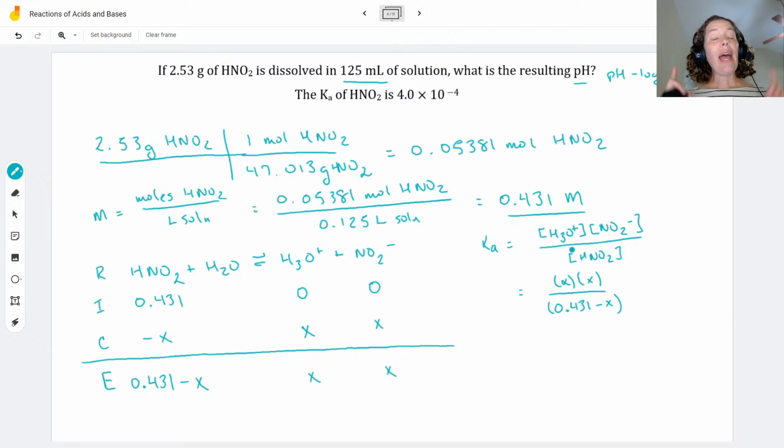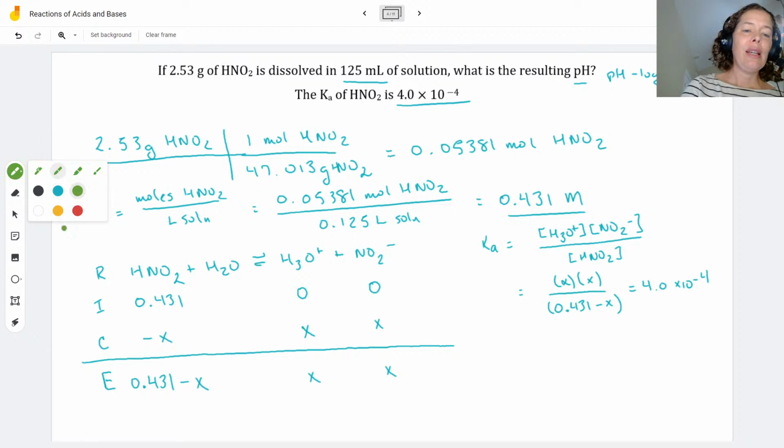Now, I have a value for Ka because my problem gave me my value for Ka. So I can say this equals 4.0 times 10 to the negative fourth. Okay, so we now have an equation with one variable. We can solve for X. However, it would be great if we could simplify this, right?